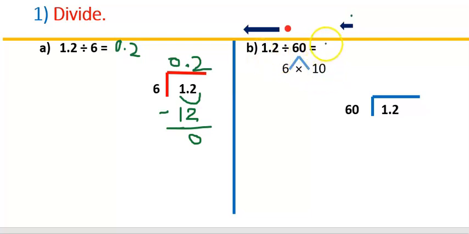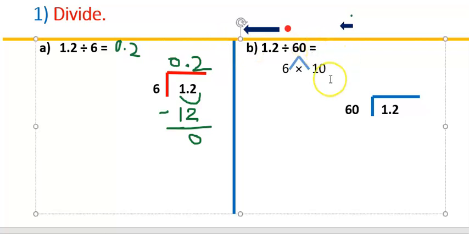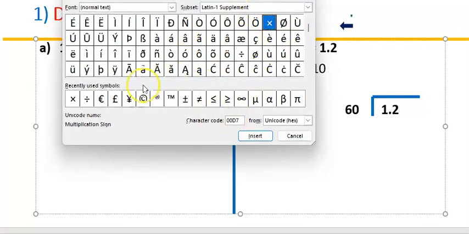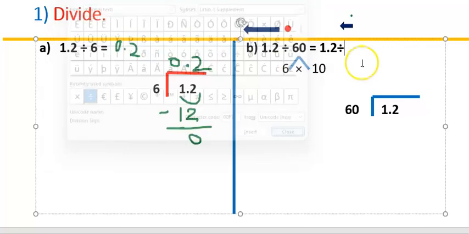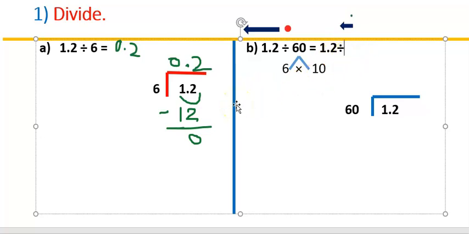So now I will write down 1.2 divided by 60, which is divided by 6 and divided by 10. I will write it down, it's easier.